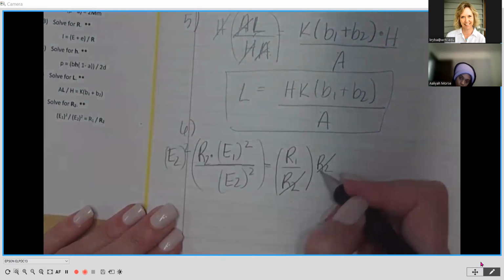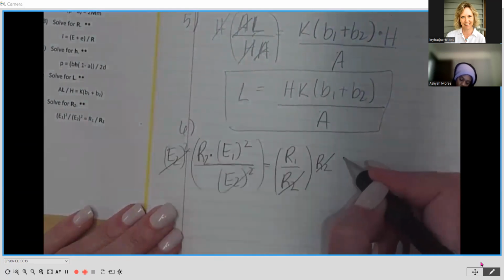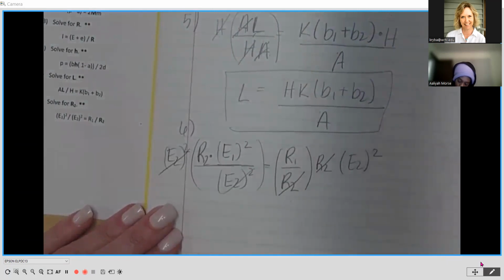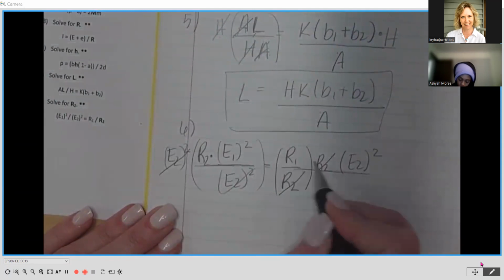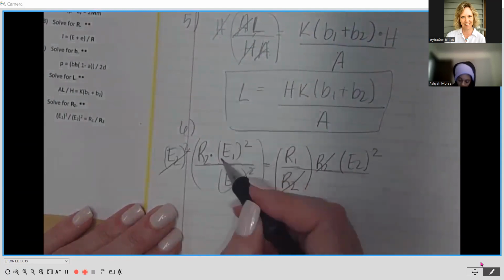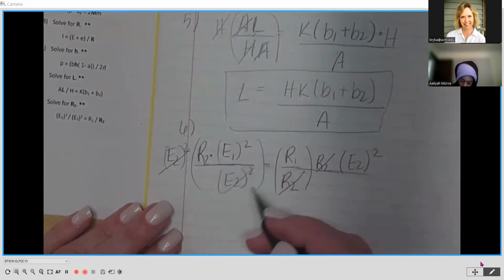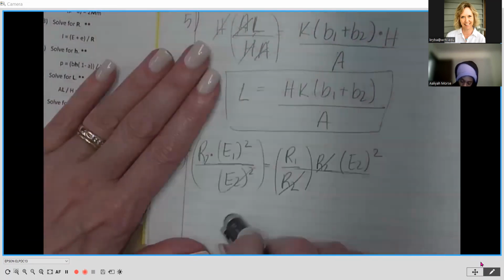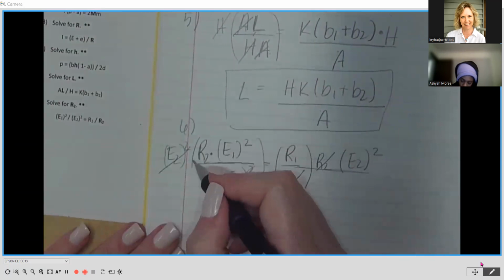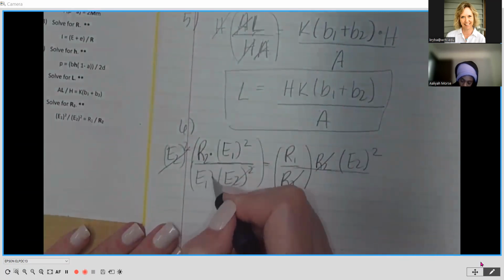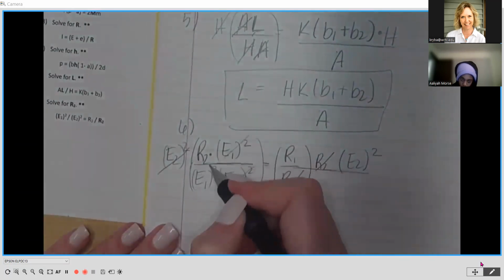So there's a lot of parentheses here. So it'll cancel out on this side, but then it'll multiply E2 squared on the top. So I've got R1 times E2 squared. And then my E1 squared, it's multiplied on top here by E2. So I'm going to divide, make a little bit of room here. I'm going to divide E1 squared. So it cancels out over here.